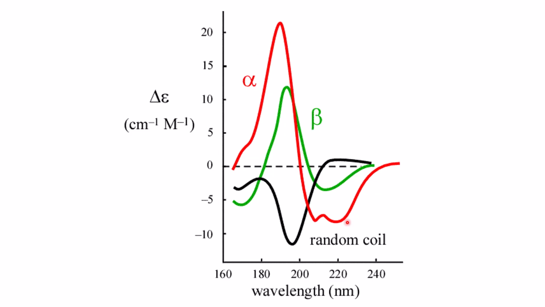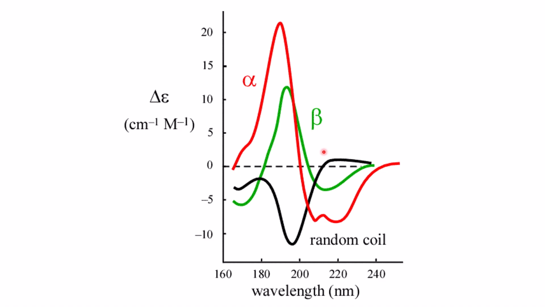And this is the classical or standard secondary structure peaks that you get in the CD spectra of proteins. If there is any deviation from this classical structure peak, then you can say it could be a mixture of alpha and beta.